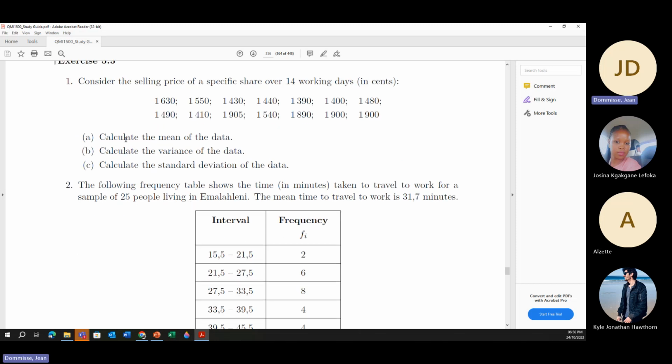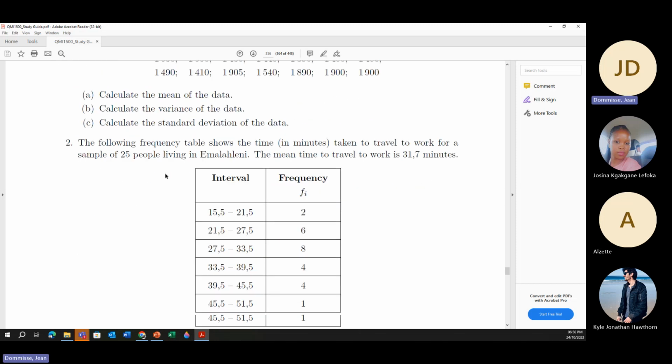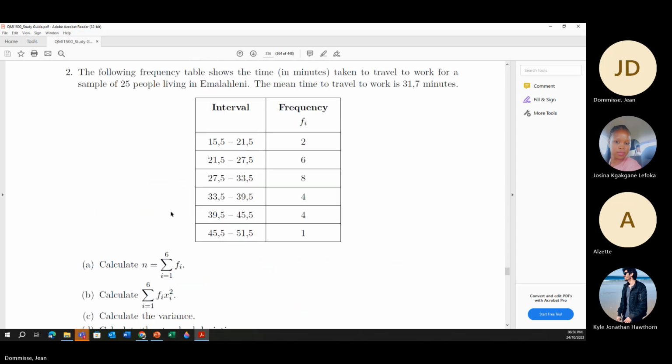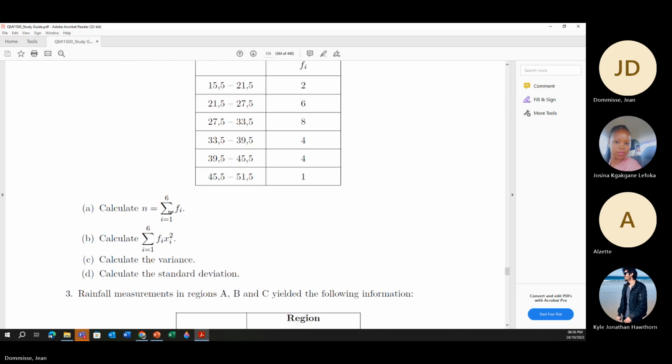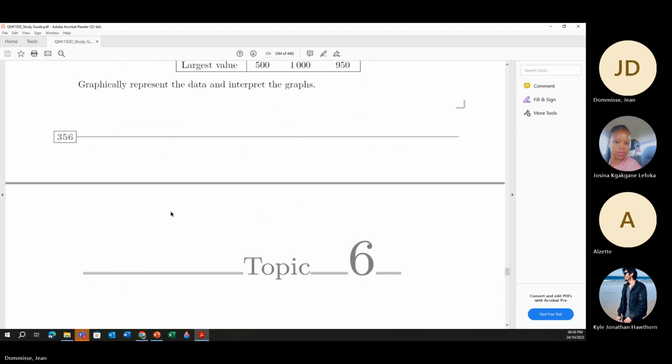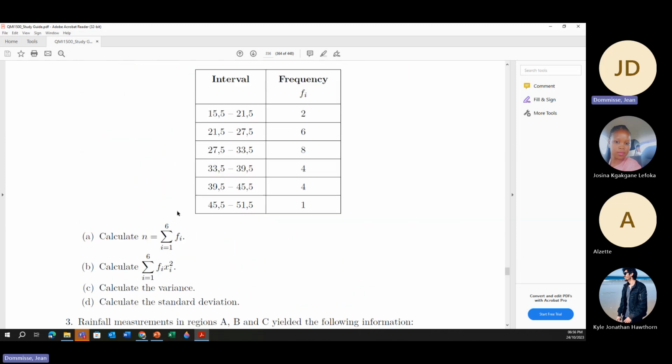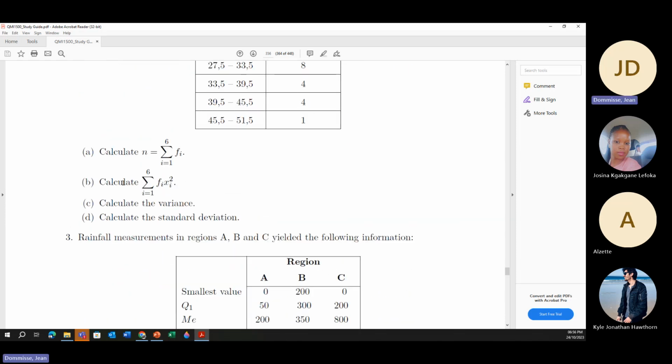Okay, so let's see. Calculate the mean, variance, standard deviation. Okay, and are there answers at the back?